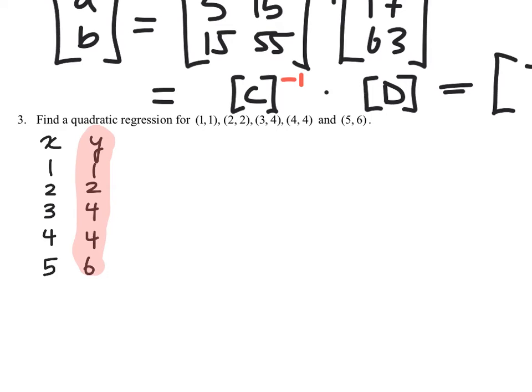So these y values, I'm going to find the square root of each one of them. Basically, we're going to do the opposite operation. We're going to find the square root of each of those y values.